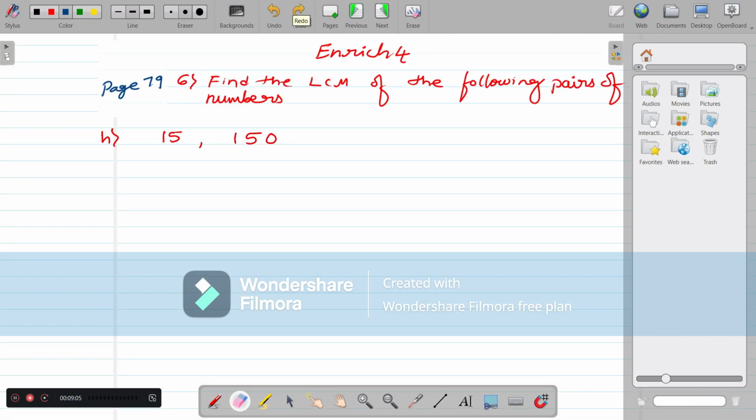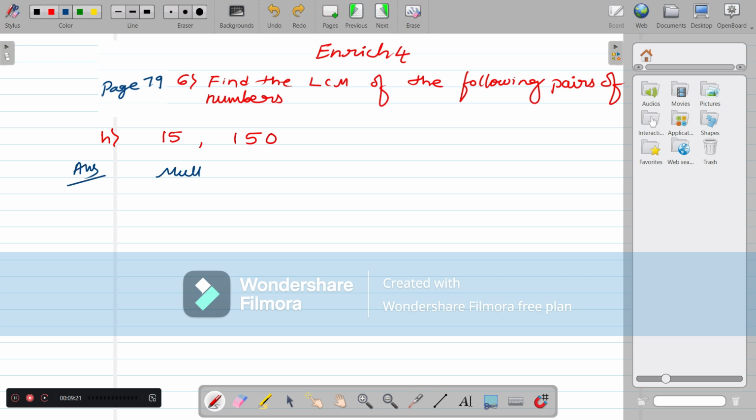So let's take one more sum from the same question, that is H: 15 and 150. As I have discussed previously, in the same way here also we will find the multiples of these two numbers.